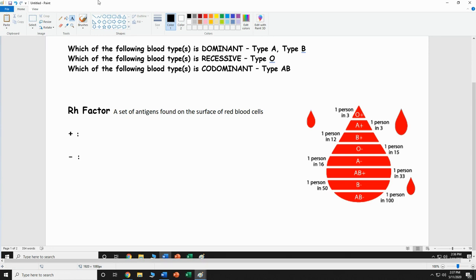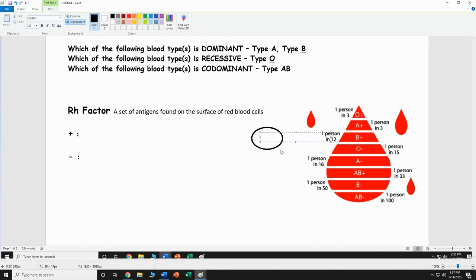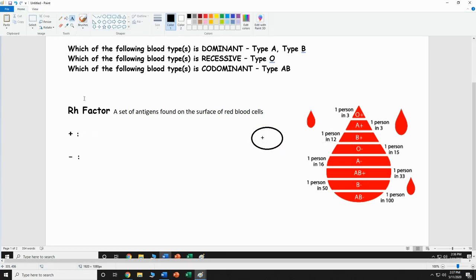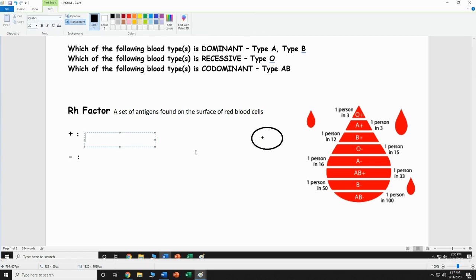Here's what that looks like in terms of a picture. If you are Rh positive, then you have the Rh antigens, and you are dominant over negative type. All right.